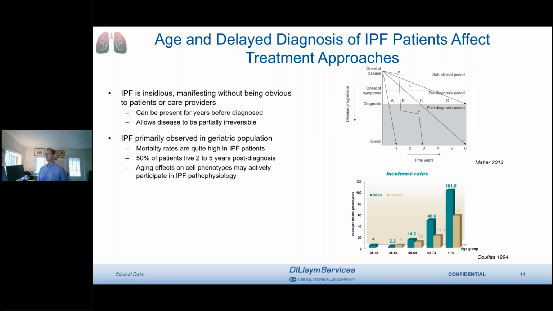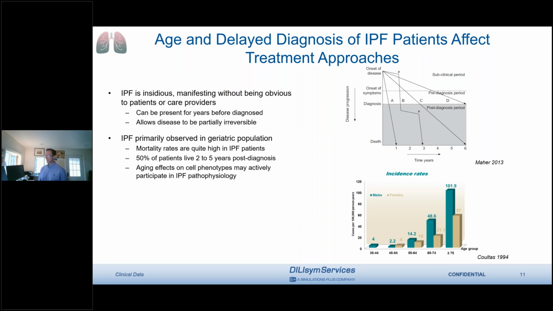And so, basically it's in place without anybody being aware of it. The onset of symptoms, which often is compromised respiratory function, then leads to a visit to the physician and diagnosis. And then at that point, treatment is applied. But you can see, depending on how early that diagnosis is made, the pathophysiology, the fibrosis, has been available to manifest, and it's almost irrecoverable for many patients.